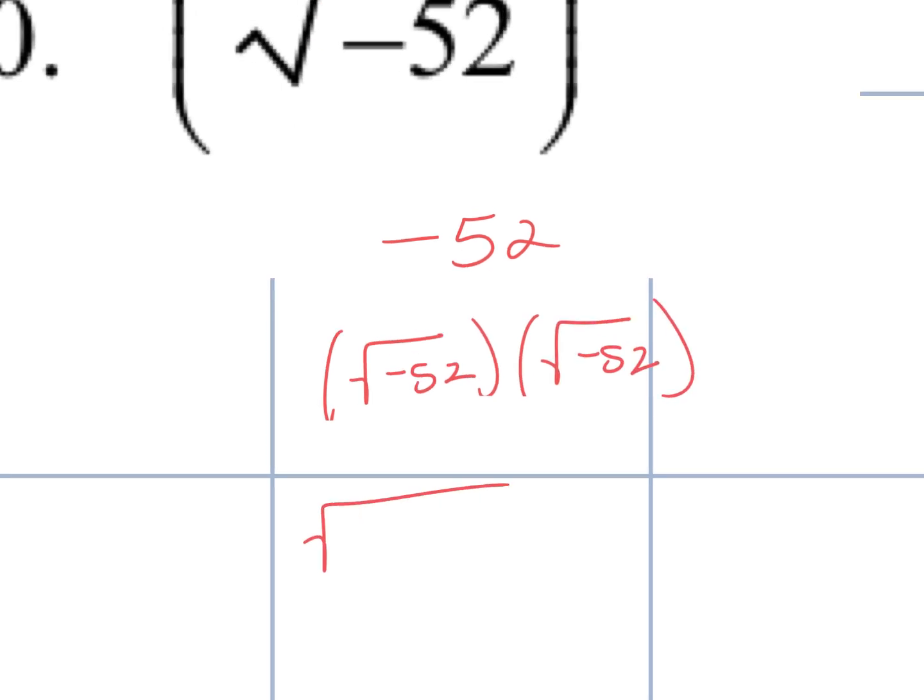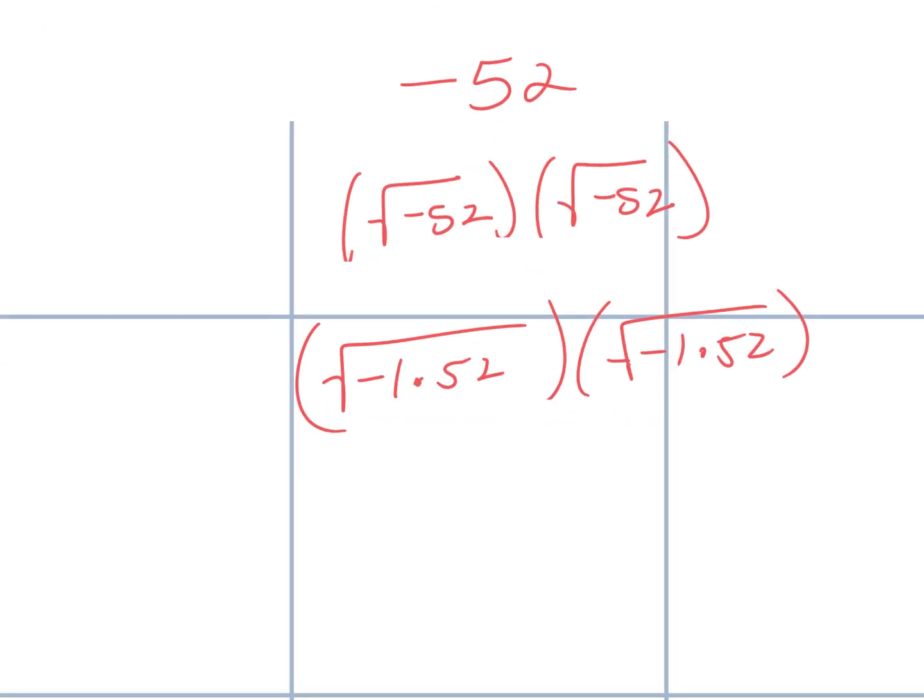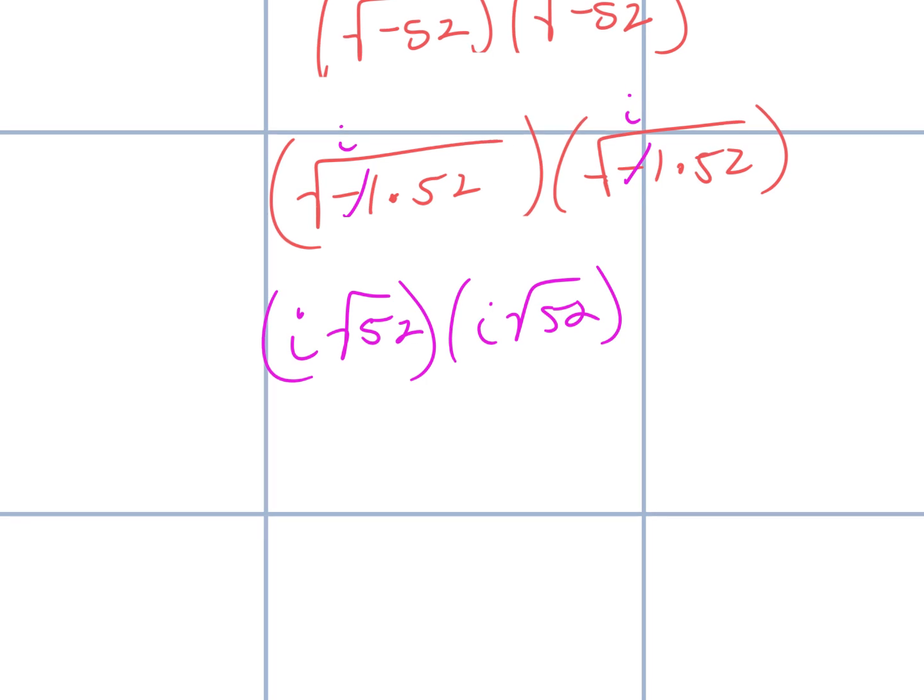So this is the square root of negative 1 times 52 times the square root of negative 1 times 52. So if we take out the i here and i here, you have i square root of 52 times i square root of 52. So you multiply the outsides. i times i is i squared, and then the square root of 52 times the square root of 52 is just 52. And guys, remember i squared is negative 1. So negative 1 times 52 is negative 52.